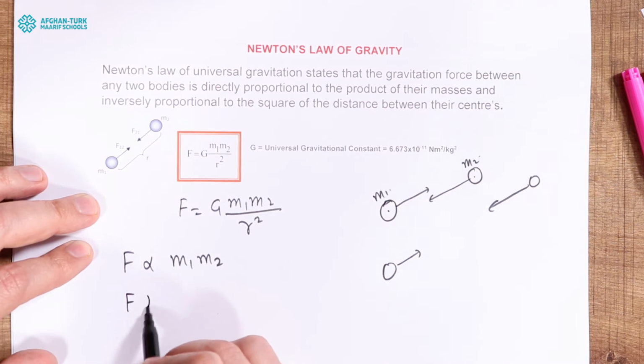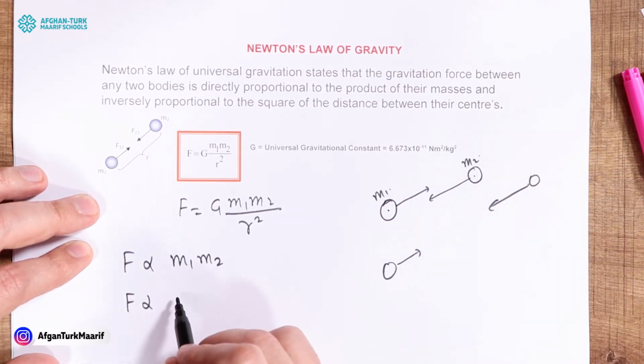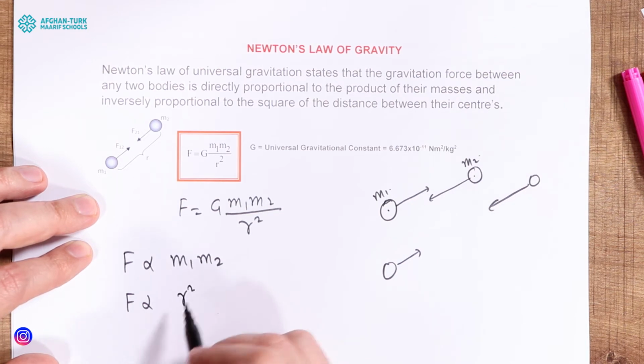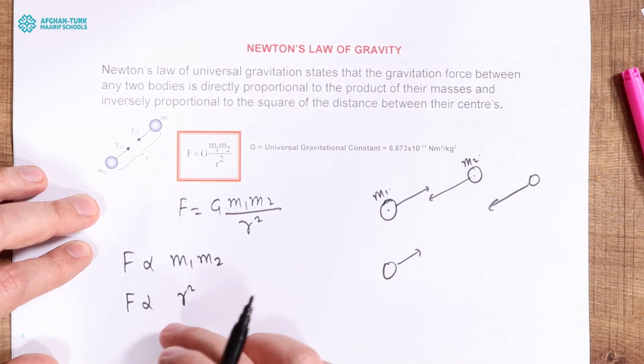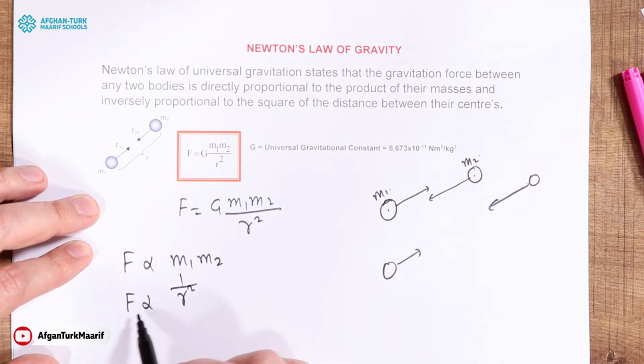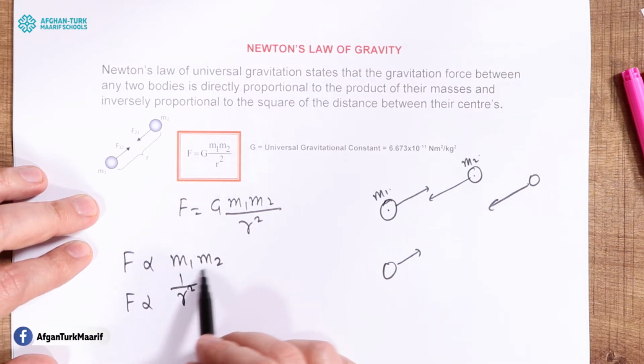The second part: if we increase the square of the distance between the masses, the force of attraction decreases. So it is inversely proportional to the square of the distance but directly proportional to the product of the masses.